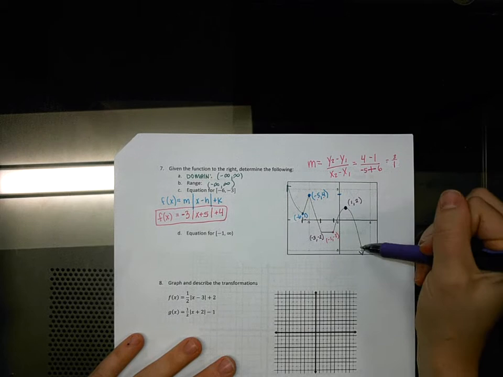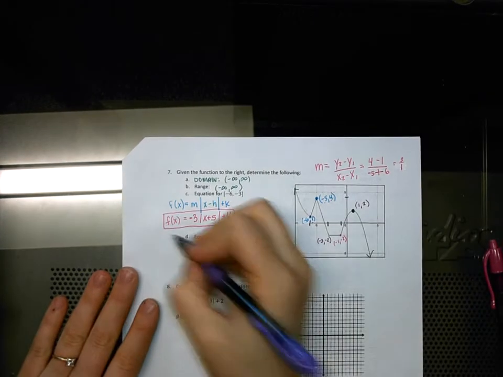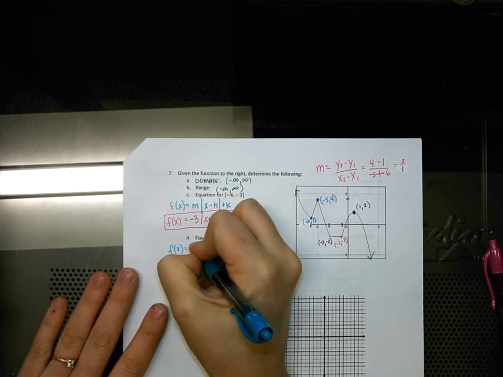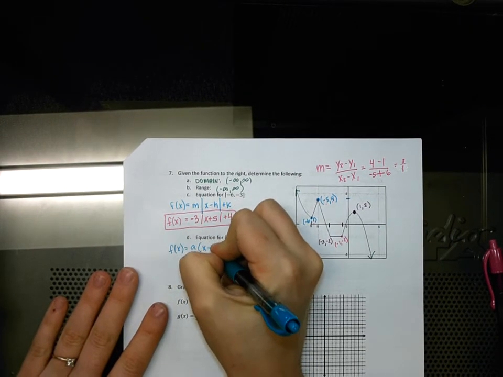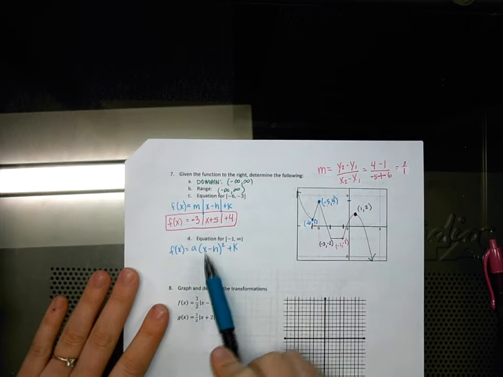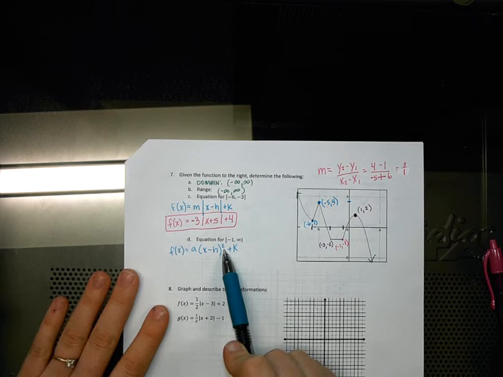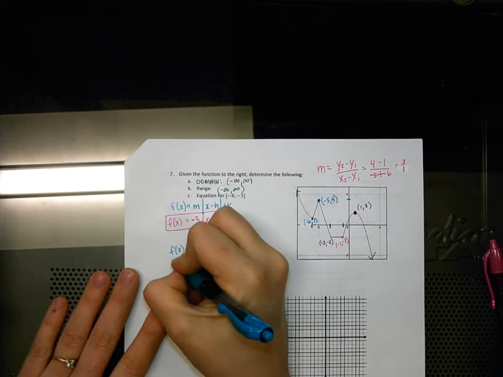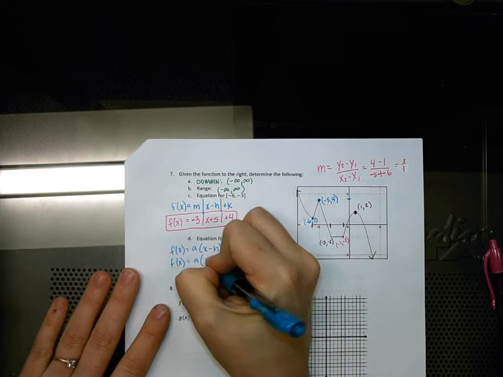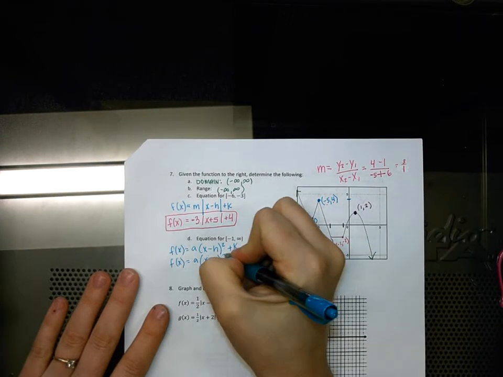I know it's opening down, so my a value has to be negative. I'm going to write out the vertex form of a quadratic function. Very similar to what we did above, but this time I don't have absolute value. I have parentheses squared because that tells me it's quadratic. I'm going to plug in my h and my k. My h is 1, and my k is 2.